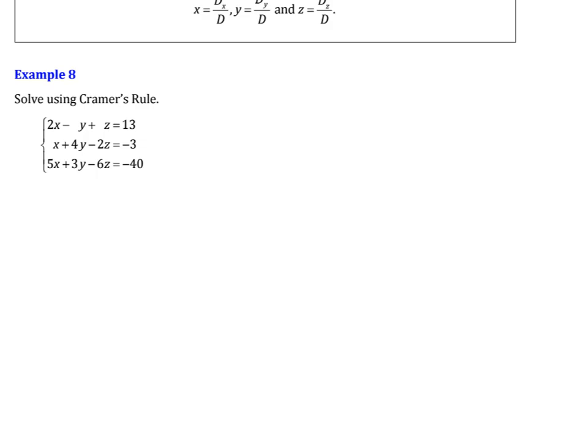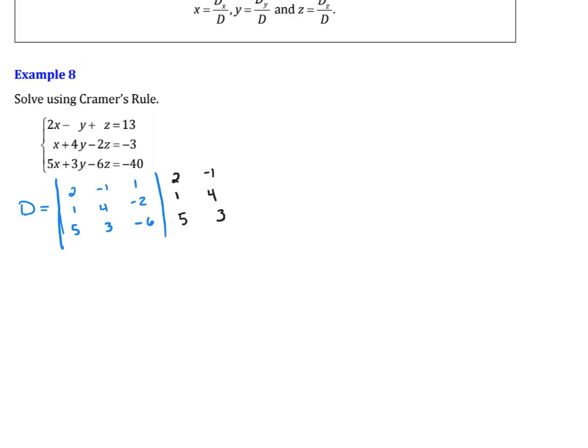So d would equal 2, -1, 1, 1, 4, -2, 5, 3, -6. Let's go ahead and repeat the first two columns: 2, 1, 5, -1, 4, 3.